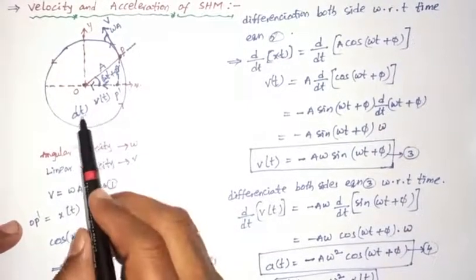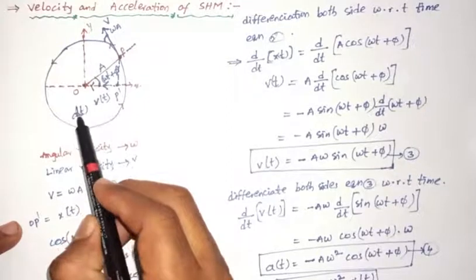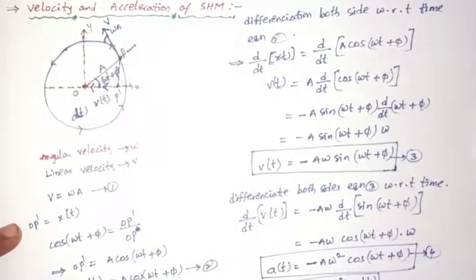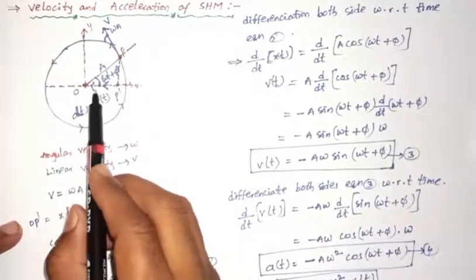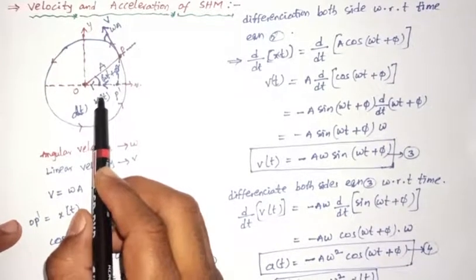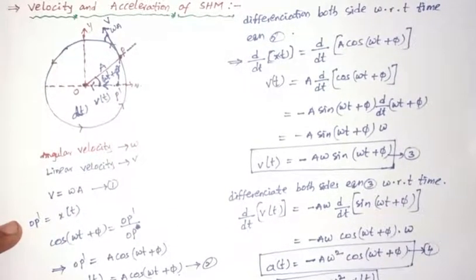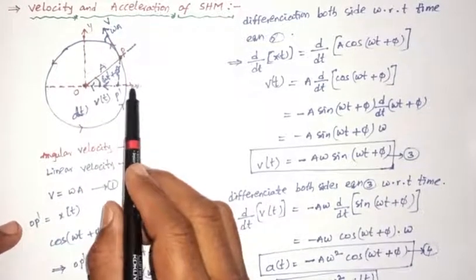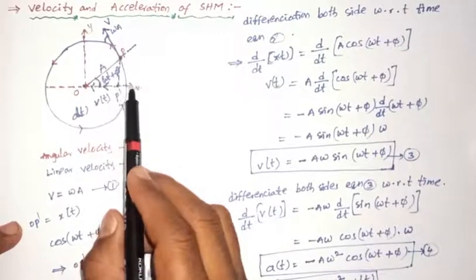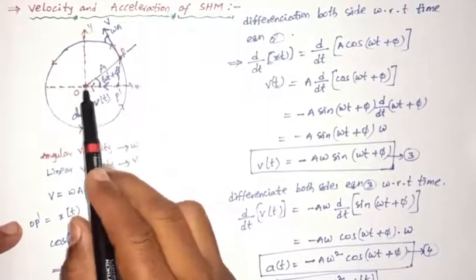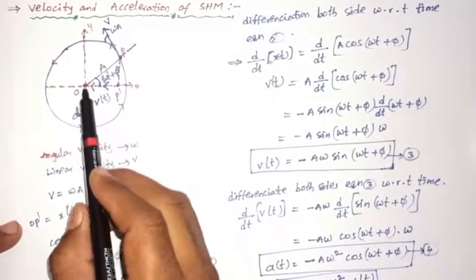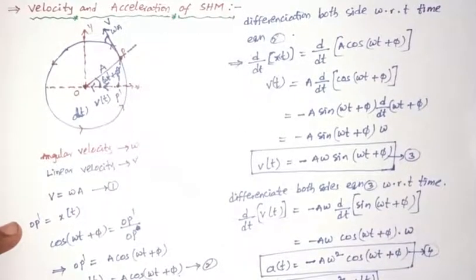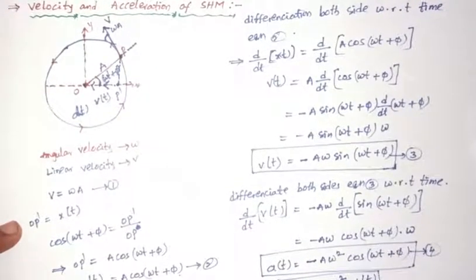This type of acceleration in uniform circular motion or simple harmonic motion we call centripetal acceleration. It is toward the center, the negative direction of x, opposite to the positive x direction.